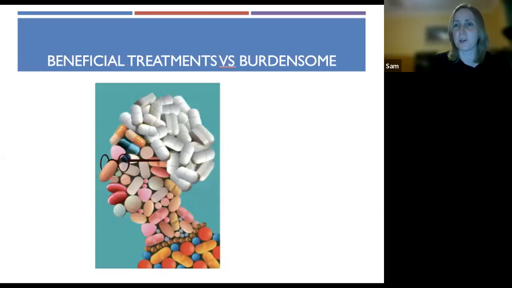Burdensome can also look like something as simple as somebody having page upon page of medications on their drug chart, and sometimes maybe getting a pharmacist in to come and rationalize those medications so that they're not unnecessarily taking multiple tablets that they may well be struggling to swallow, perhaps, at that stage in their illness or their frailty.